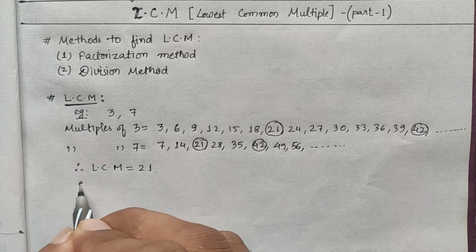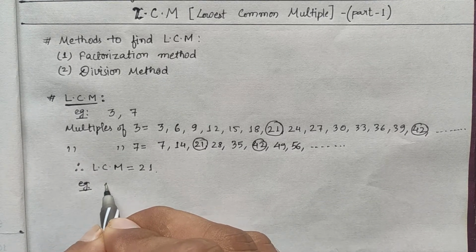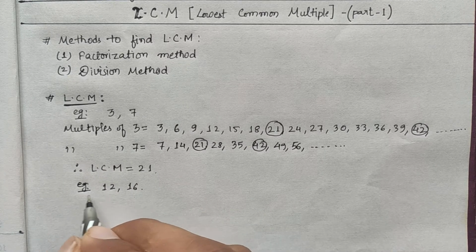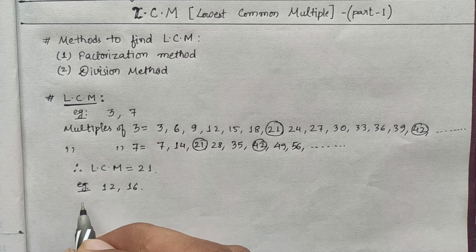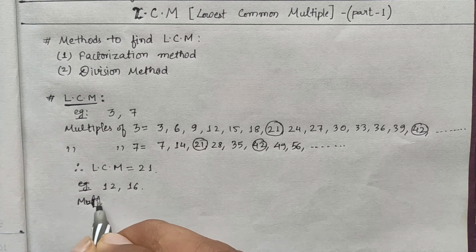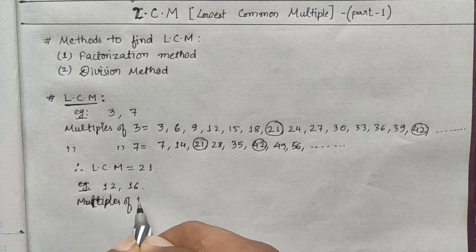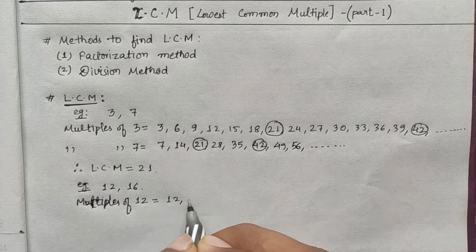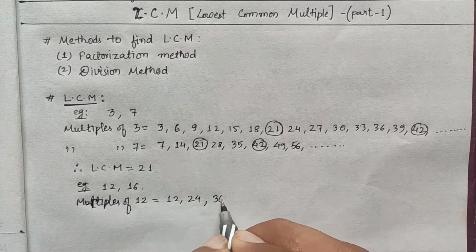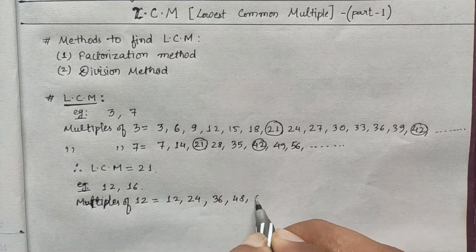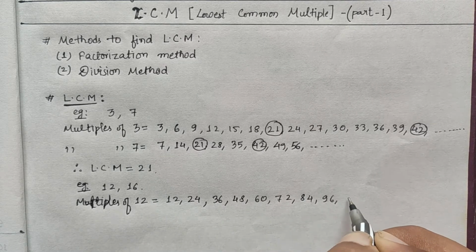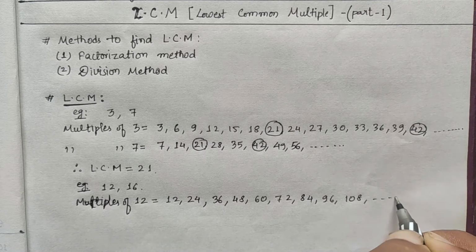So let's see another example, 12 and 16. You have to find the LCM of 12 and 16. In this case, multiples of 12 are 12. 12 times 1 is 12, 12 times 2 is 24, 36, 48, 60, 72, 84, 96, 108, and so on up to infinite.